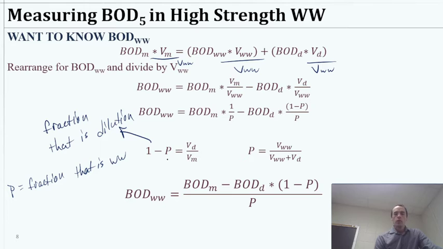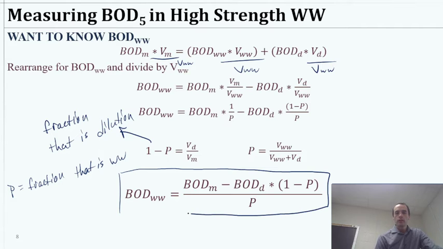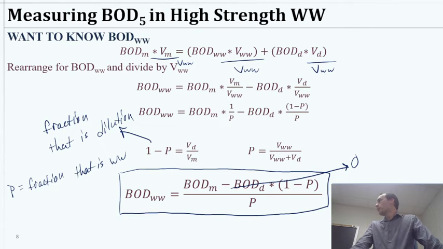Okay, so we've got this equation then, and this is for seeded dilution water. You can recognize that if we had a situation where there was no BOD in the seed water, this goes to 0, and we're left with the BOD of the mixture divided by P, which is DO initial minus DO final divided by P, right?